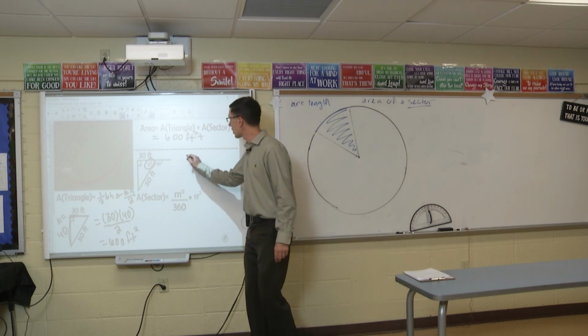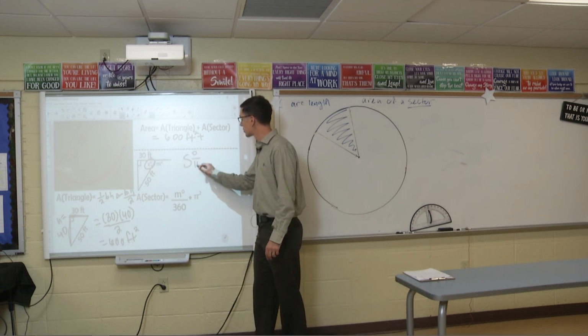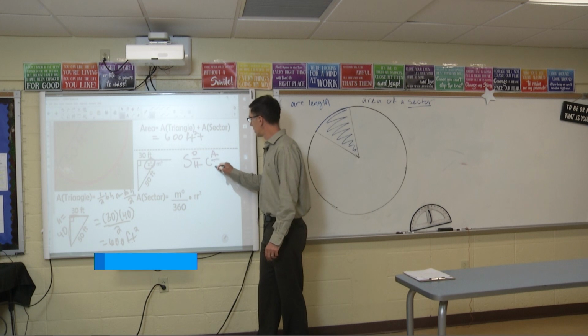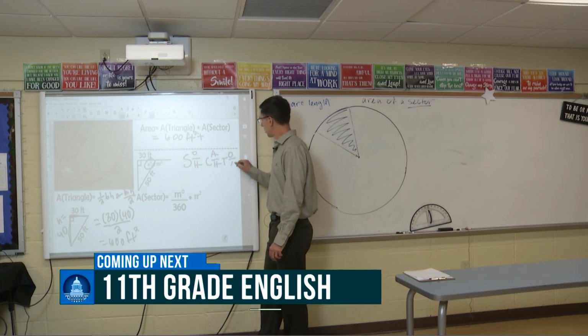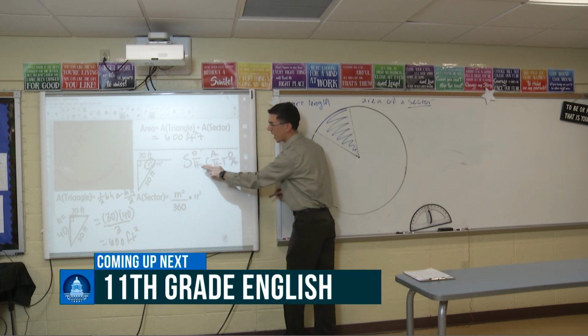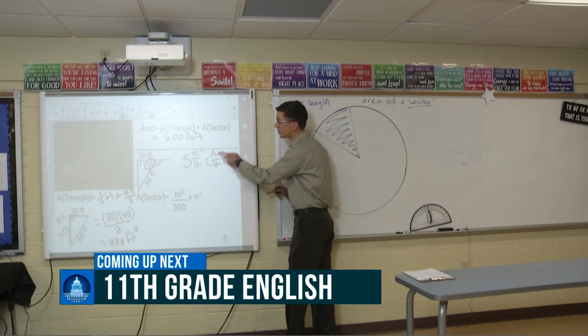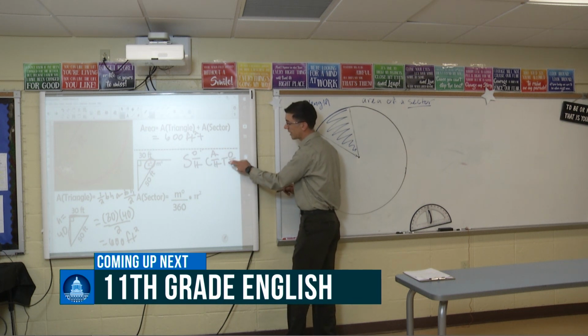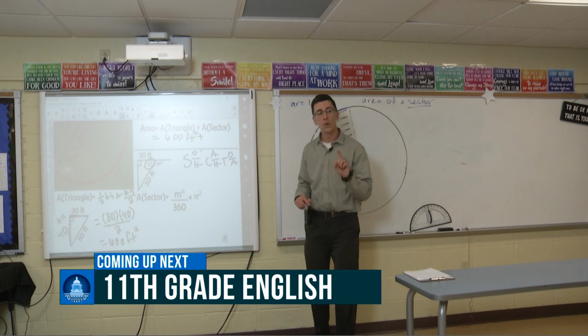Now, if you recall our trig function, SOHCAHTOA, sine is the opposite side over hypotenuse, cosine is the adjacent side over hypotenuse, and tangent is the opposite side over adjacent.